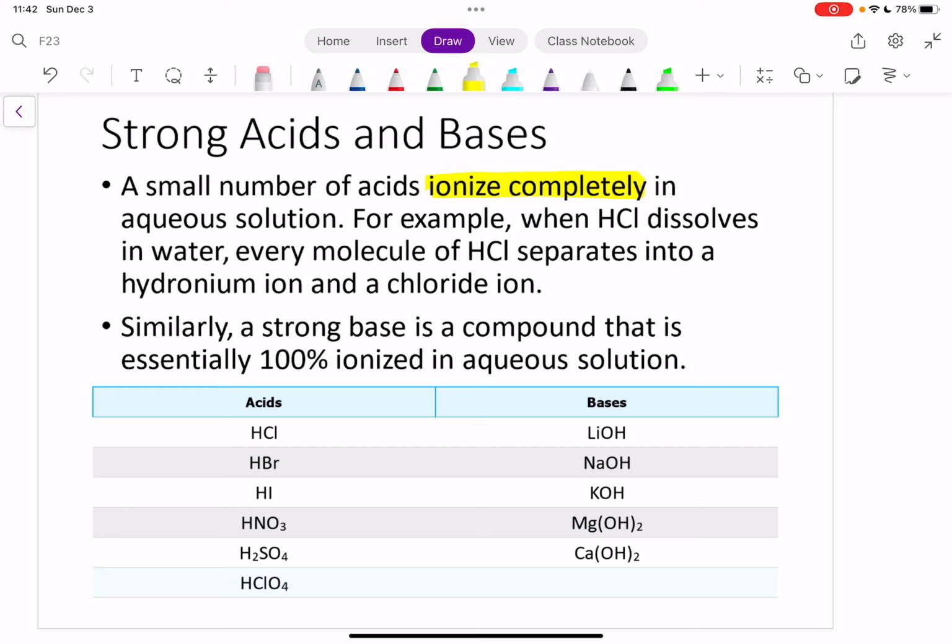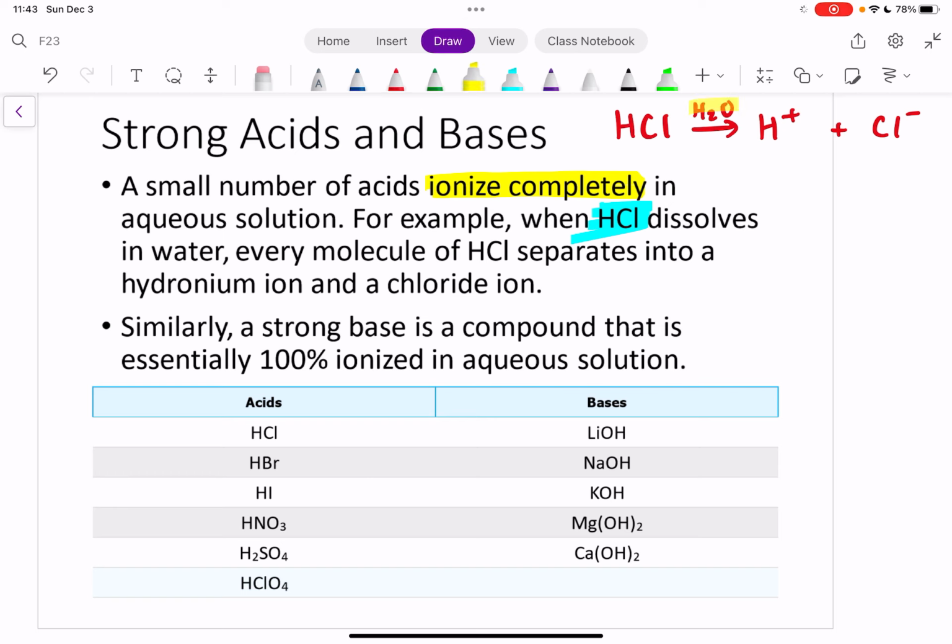So for example, when we put HCl, hydrochloric acid, in water, we get out H plus and Cl minus. Every molecule of HCl is going to separate or dissociate or ionize completely into H plus and Cl minus.